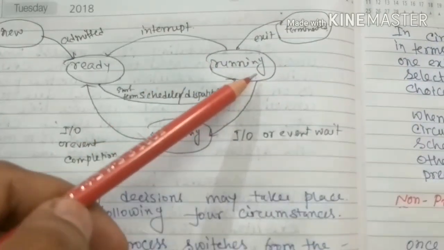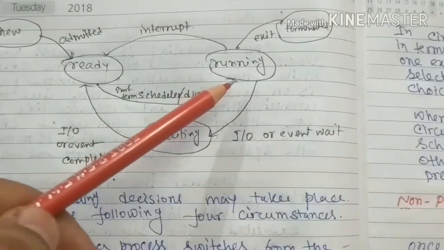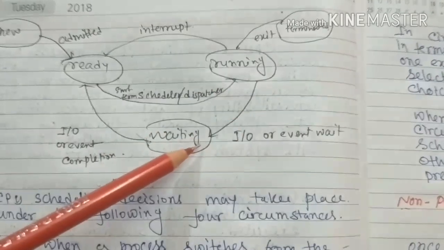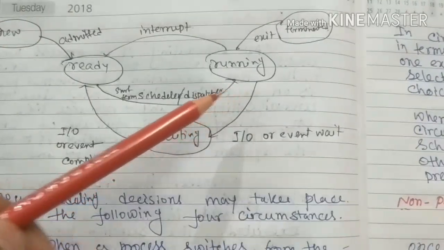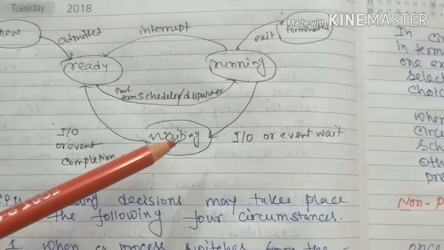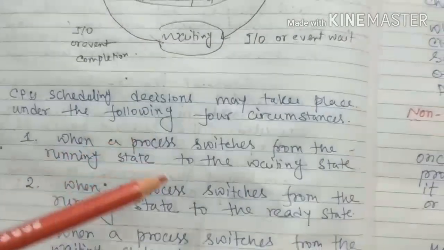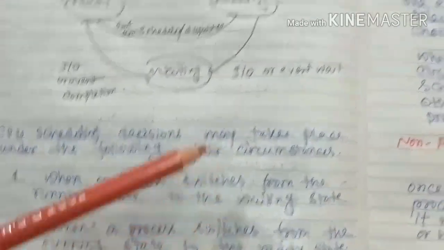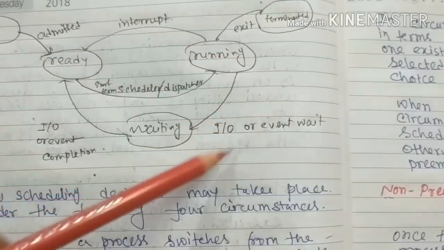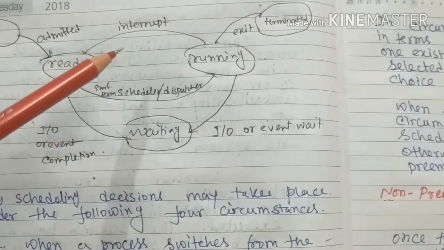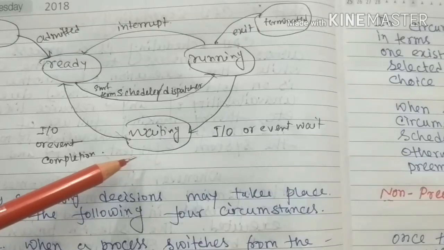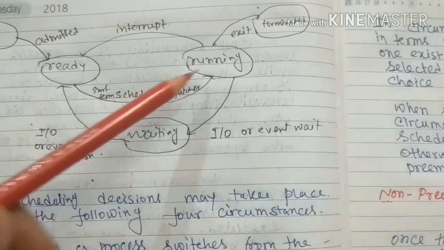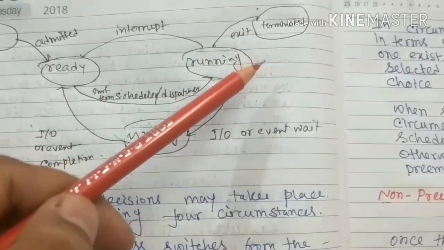To recap: number one, running state to waiting state. Number two, running state to ready state. Number three, waiting state to the ready state. And number four, when a process terminates.